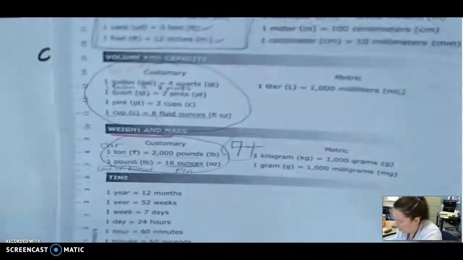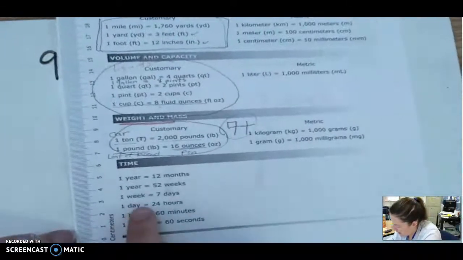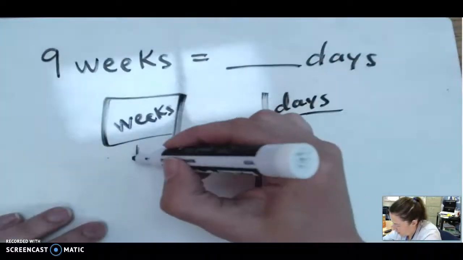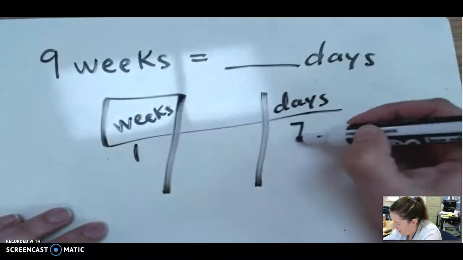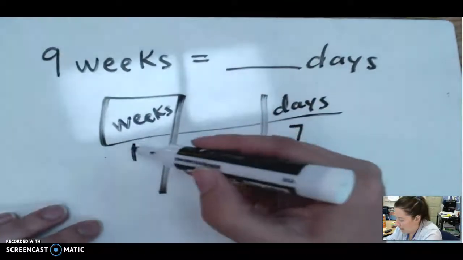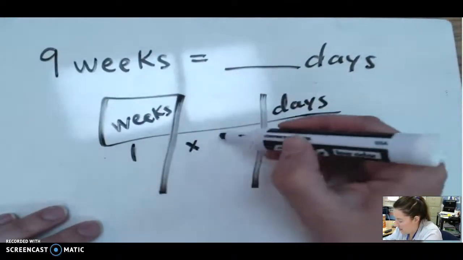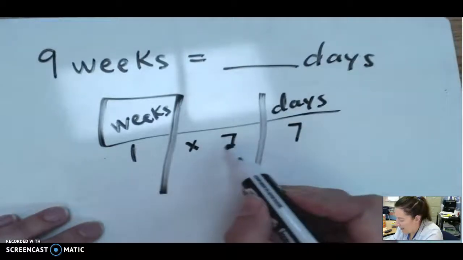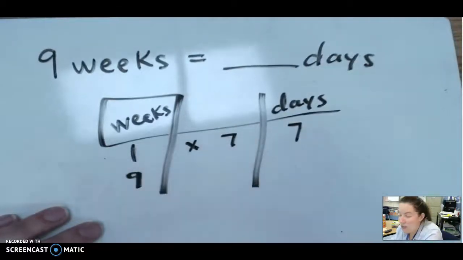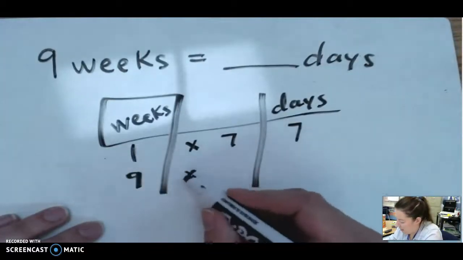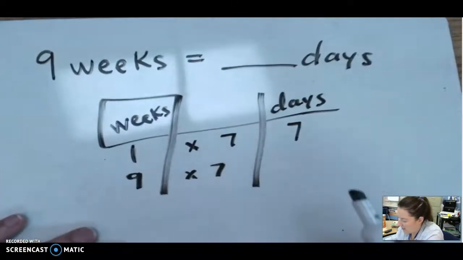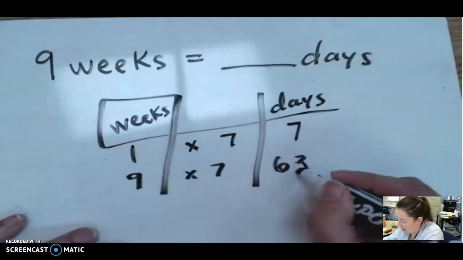Now let's look here. What do we know about weeks and days? 1 week is 7 days, so I'm going to write that here. 1 week is 7 days. So how did I get from 1 to 7? I multiplied times 7. So if 1 week is 7 days, then 9 weeks, I would still need to multiply. 9 weeks would be how many days? 9 times 7 is 63.